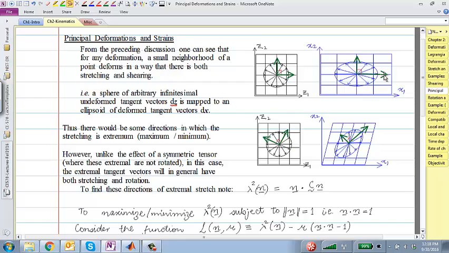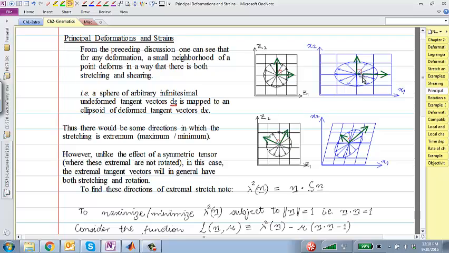Going back to, for example, the simple stretch example, we can practically eyeball here that these two directions are the eigendirections. The corresponding eigenvalue in the E2 direction would be 1, and the map is on the previous page, it is 1 plus beta Z2. What would be the eigenvalue in this direction? 1 plus beta whole square.